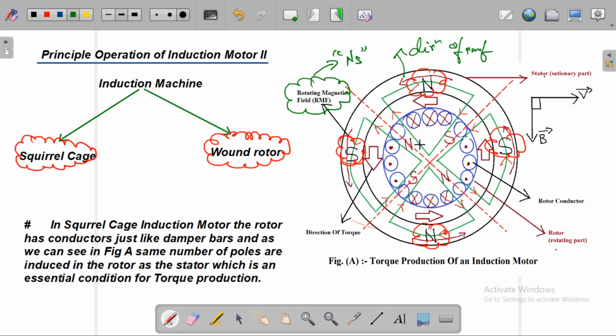Let us try to understand how the rotor conductor's rotation can be assumed to be clockwise when it is already at a stationary position.